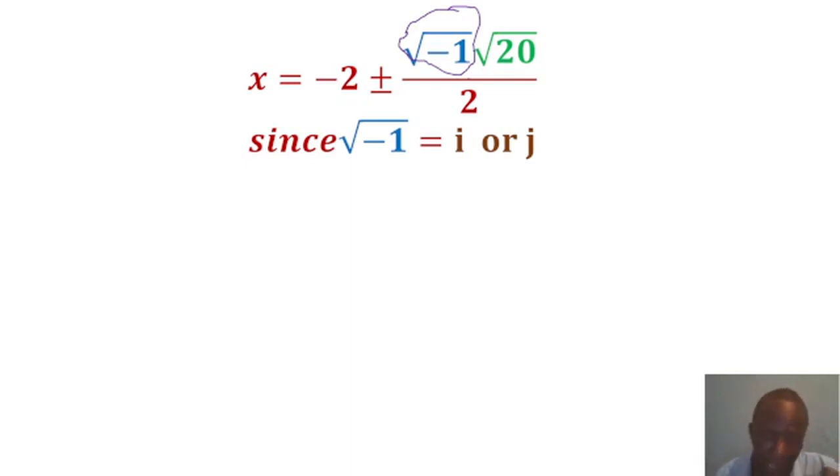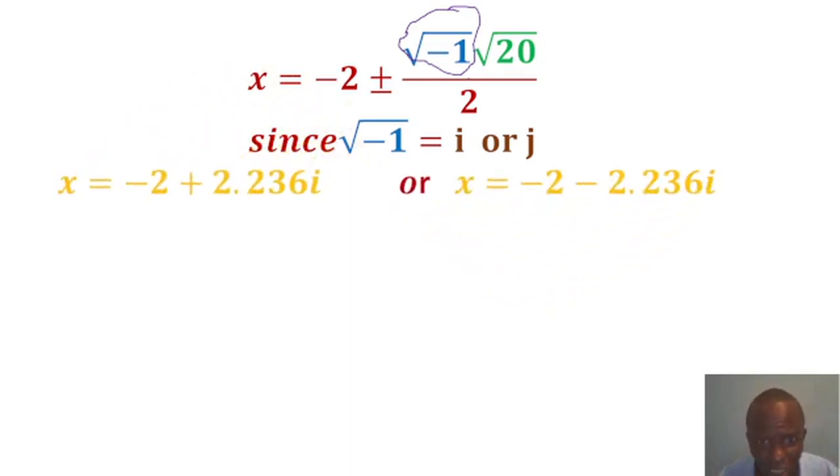In this particular lecture, we are going to adopt J instead of I. We can either use I or J to mean square root of negative 1.